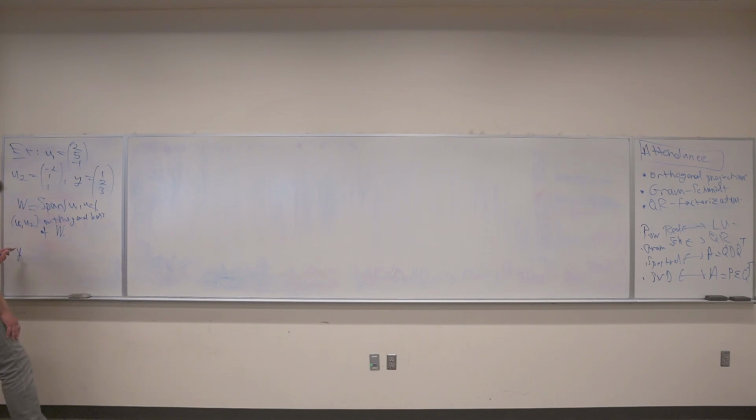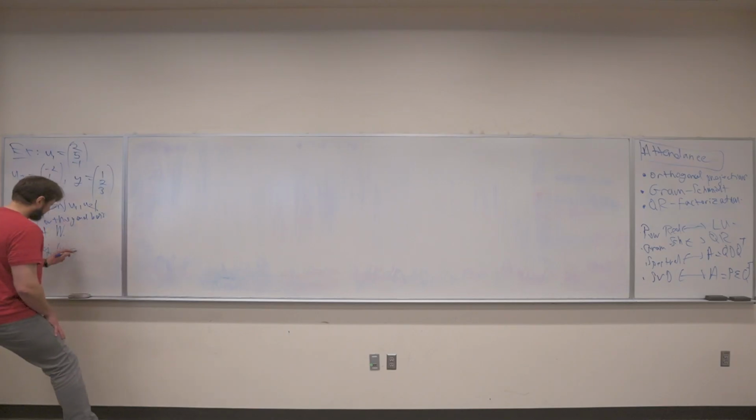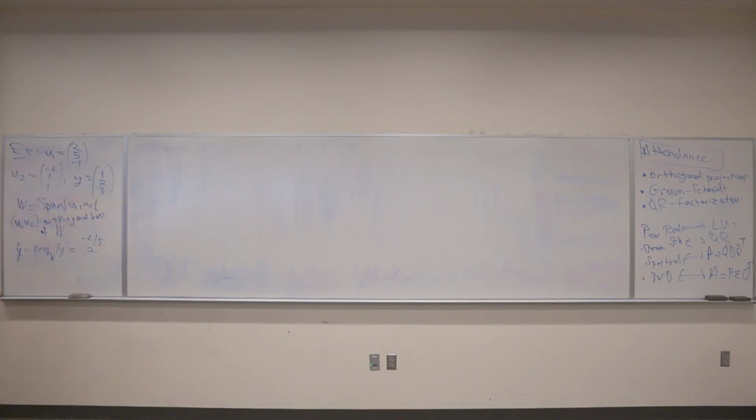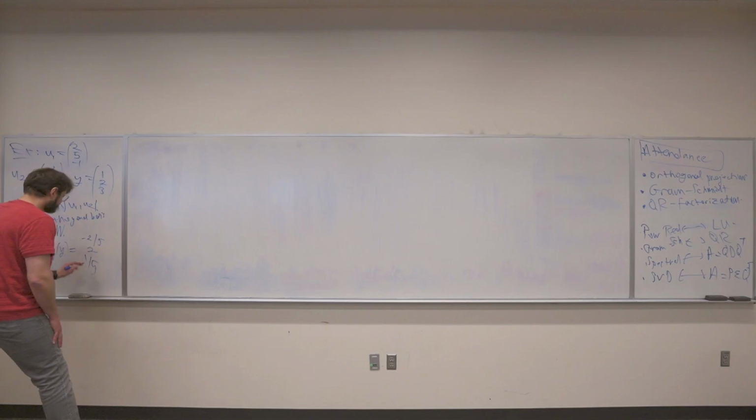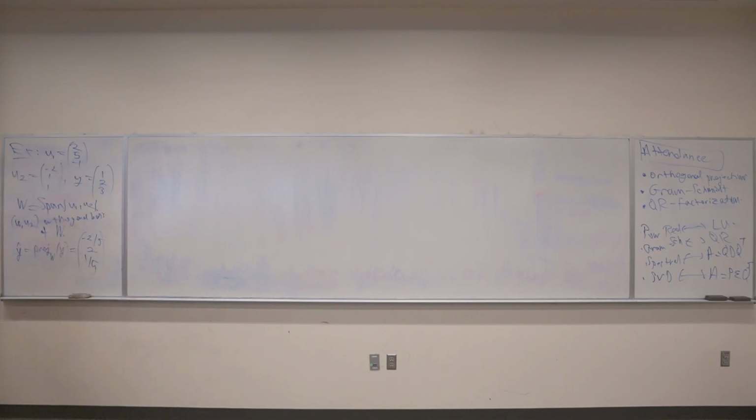But ultimately, we computed y hat, which is the orthogonal projection of y onto w, to be this vector, minus 2 over 5, 2, and then 1 over 5. This we did last time.